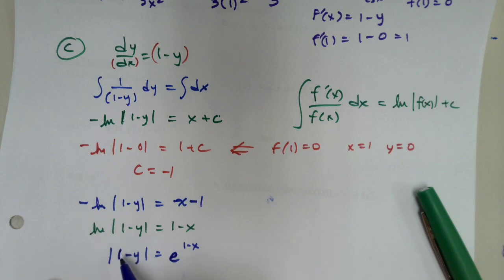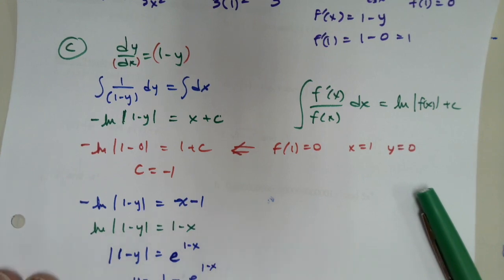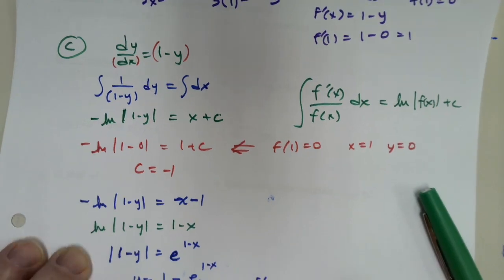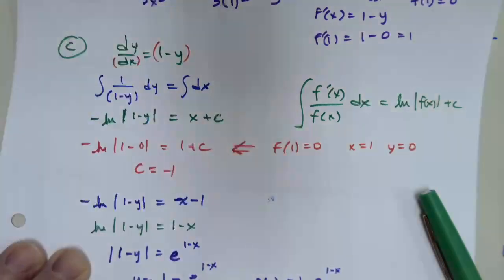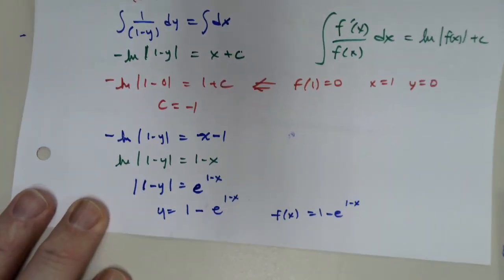So if we subtract 1 from it, kind of running out of room, and then multiply by negative 1, this will be 1 minus e to the 1 minus x. And I guess I could rewrite it as f of x equals 1 minus e to the 1 minus x, since that's what it was asking for, that particular solution to it. Either one of those forms, I'm sure, would be okay if we wrote it like that.